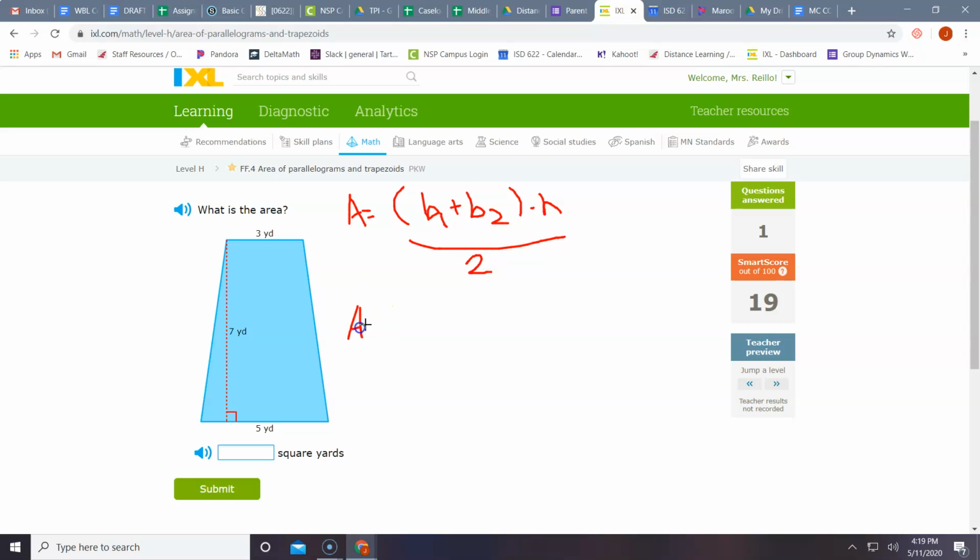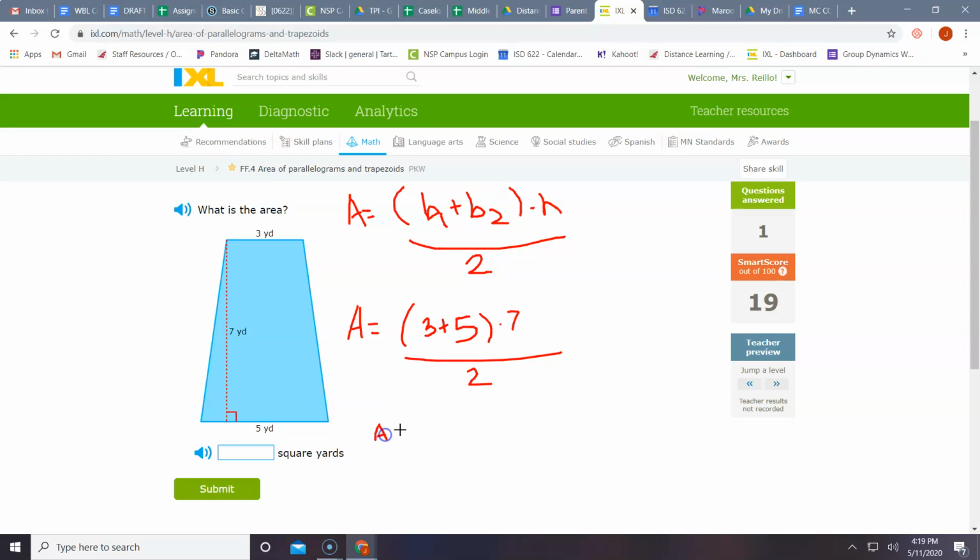So we have area equals 3 plus our other base is 5, and then we're going to multiply that times our height of 7 and divide the whole thing by 2.